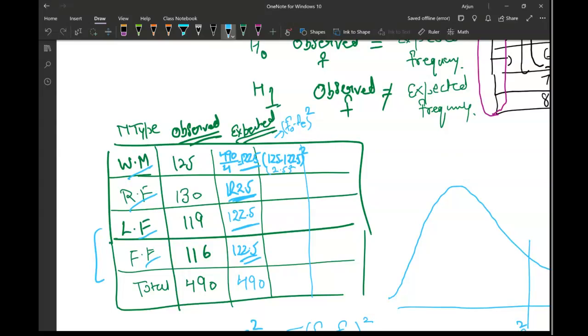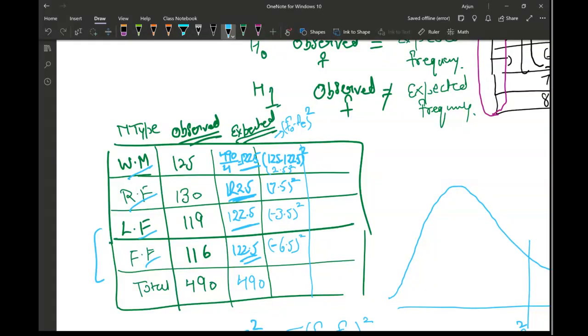Then the next step is 130 minus 122.5, which is 7.5 squared, and then 119 minus 122.5, which is minus 3.5 squared, and then 116 minus 122.5, minus 6.5 squared. These are pretty much the four ones.